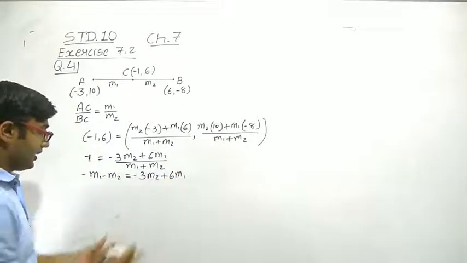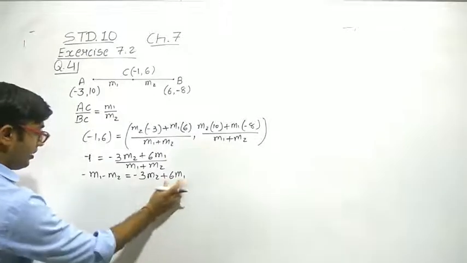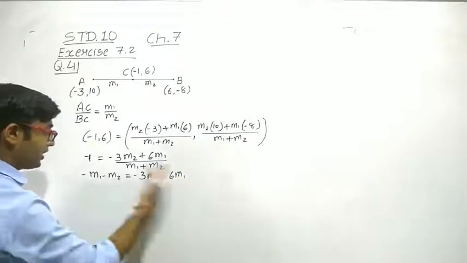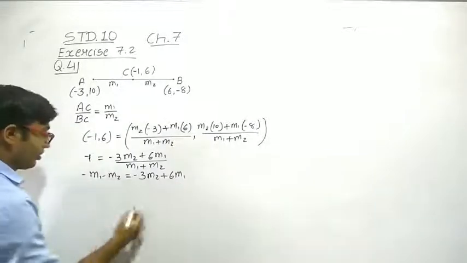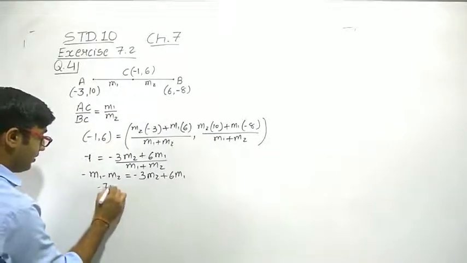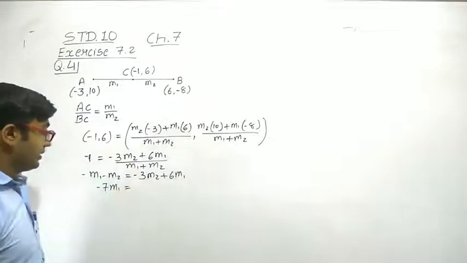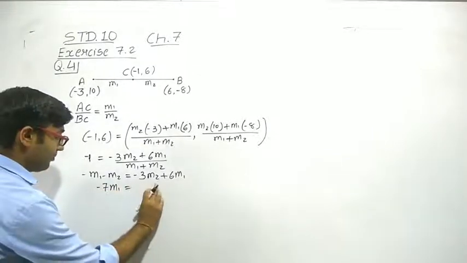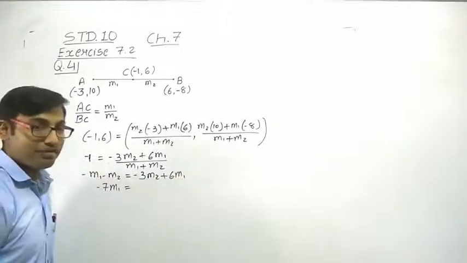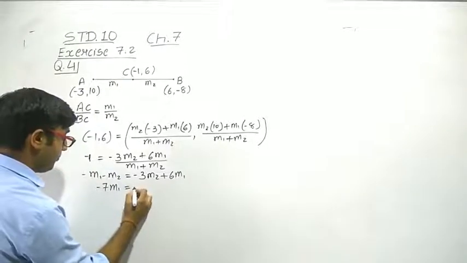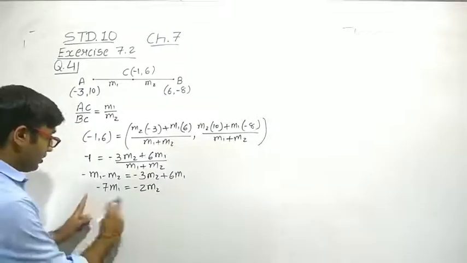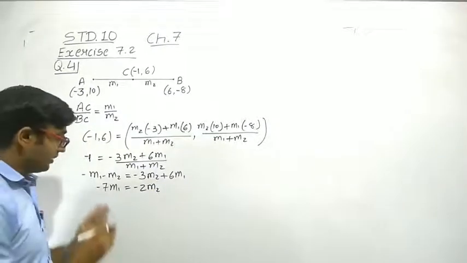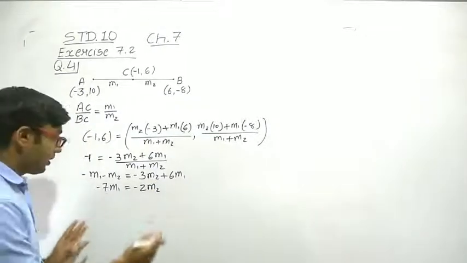Now simplify. Take m1 to the left hand side and m2 to the right hand side. So -m1 - 6m1, total will become -7m1. And on the right hand side, -3m2 + m2, that is -2m2. Now both sides are negative, so we can cancel and both sides become positive.